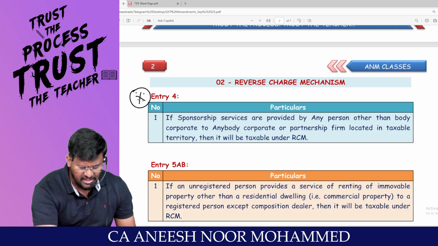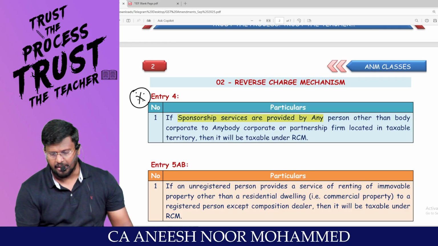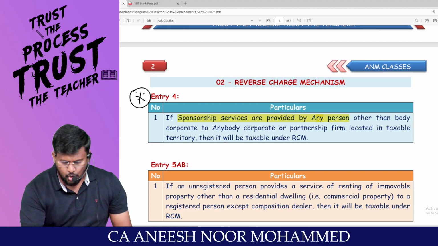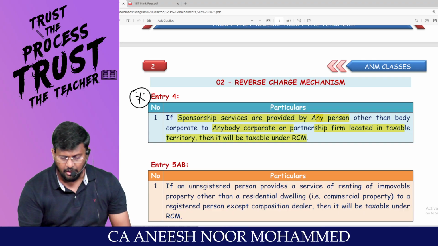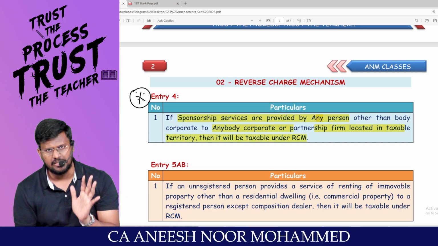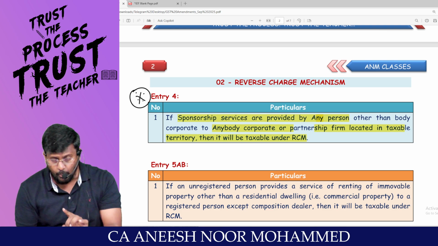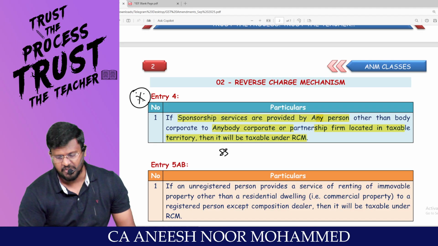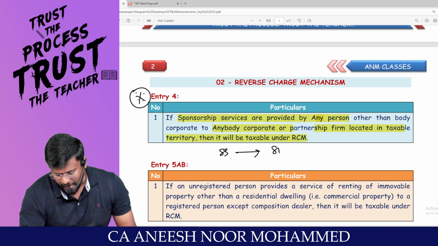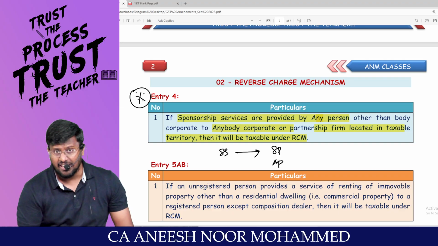If sponsorship services are provided by any person to any body corporate or partnership firm located in the taxable territory, then it will be taxable under RCM. This is what we studied when I explained the class. The service is sponsorship service. Who is the service provider? Any person.